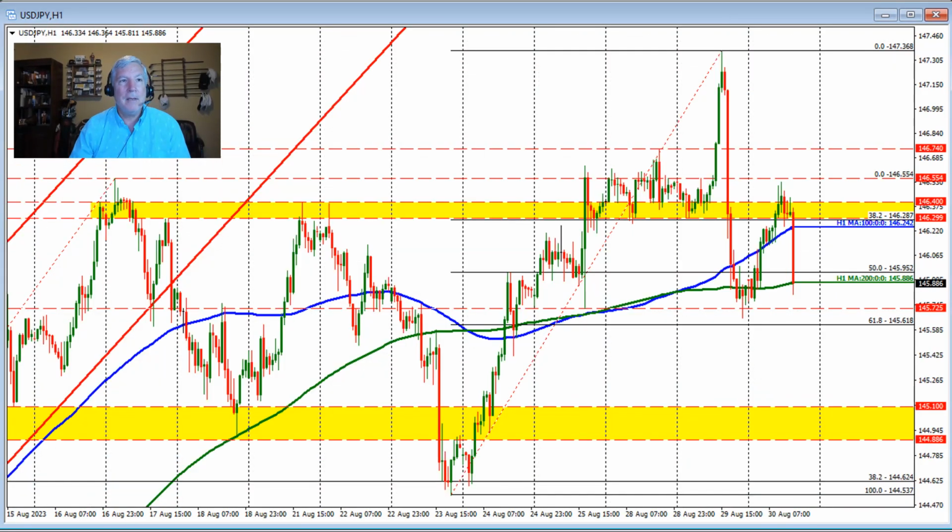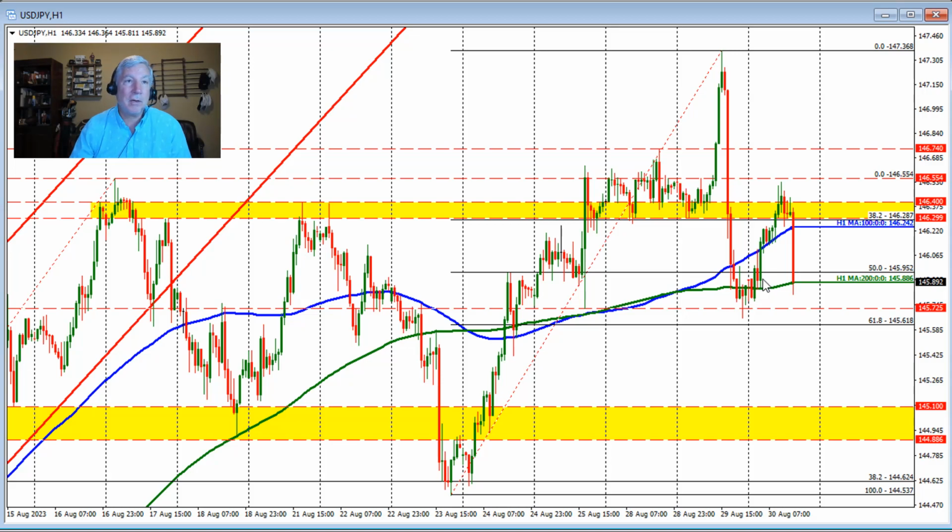Let's take a look at the dollar versus yen, and this too is moving sharply to the downside after rising in trading here today. We had a wild day yesterday where the price moved higher and then fell sharply as yields moved lower after the weaker U.S. data that took the price below the 100 and 200-hour moving averages.